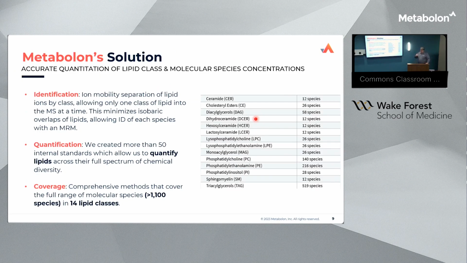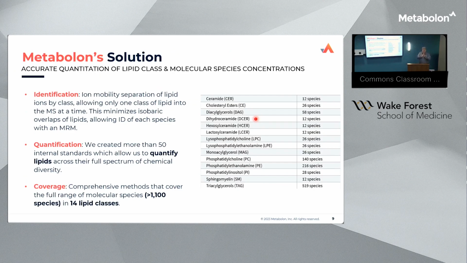An additional aspect that we have introduced to our lipidomics analysis is quantification of such a large set of lipids. We have a set of 50 internal standards that we inject with each analysis. Those 50 internal standards cover the 14 lipid classes that you are seeing, but not only a standard per class.